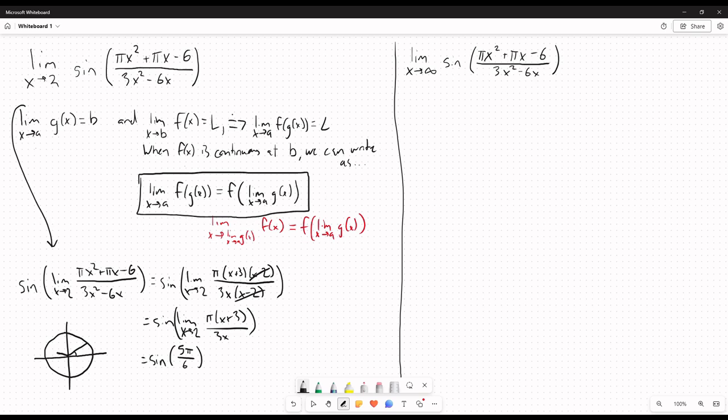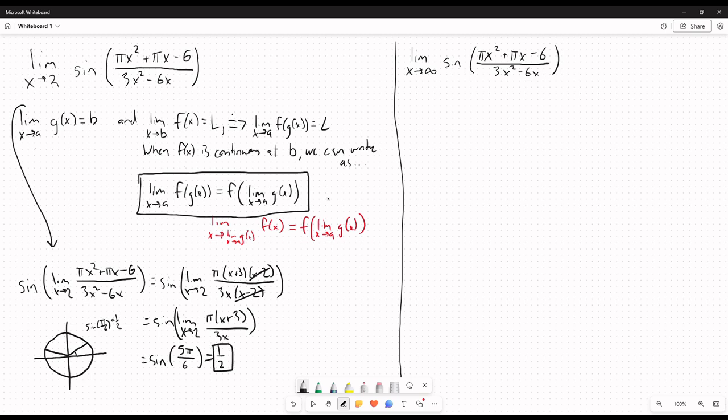And 5 pi over 6 is right here. So I know from my exact value chart that sine of pi over 6 equals 1/2, which means that this is going to have the same sine value because they have the same y coordinate. So this is just going to end up equaling 1/2, and that's our answer.